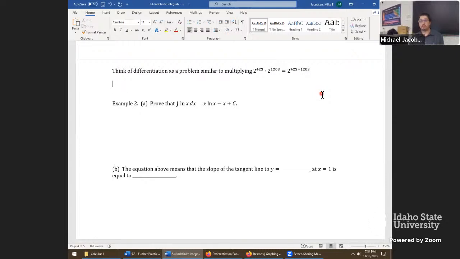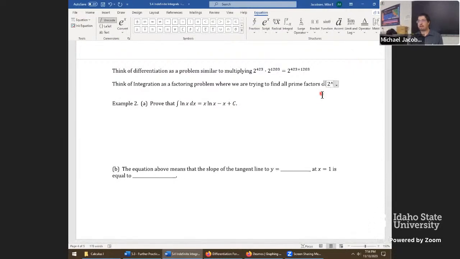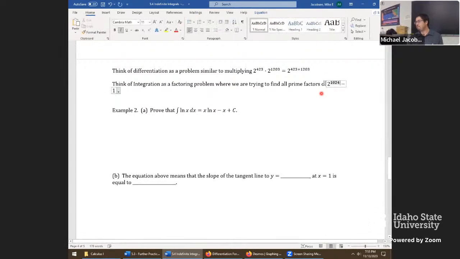Integration is much worse. Think of integration as a factoring problem, where we are trying to find all prime factors of something like this to the power of, let's just make it ridiculous. That -1 is the worst part about this.